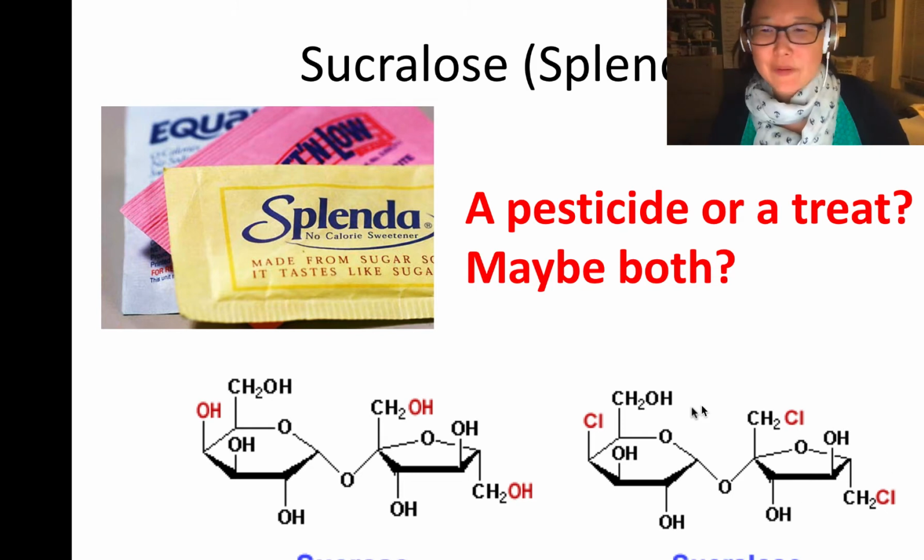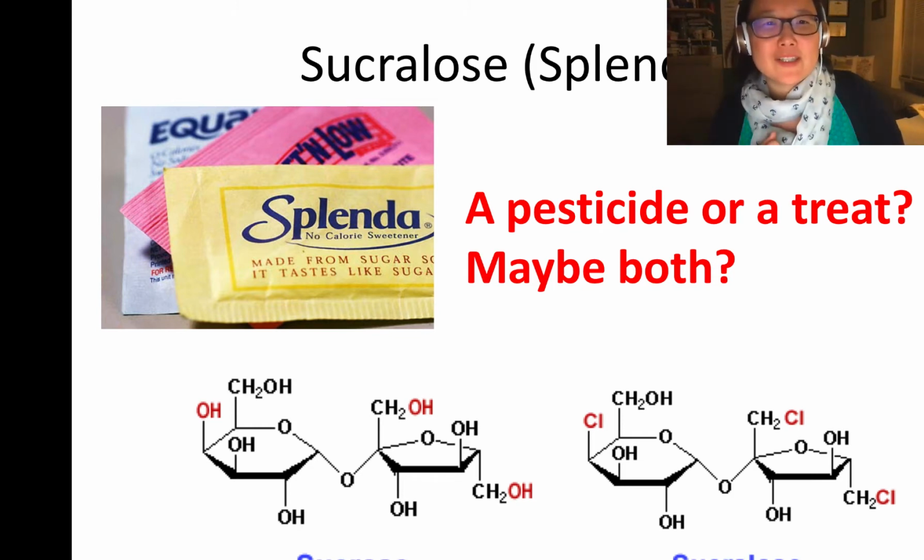But there's all these OH groups around. It almost looks like a sugar. It's just our bodies can't process that. So that's why it's a very low calorie or no calorie sweetener, because we can't metabolize it. Now, it's in very small quantities, so that's why it's possible that it's safe, but nobody really knows about large quantities or long-term effects of eating this stuff.